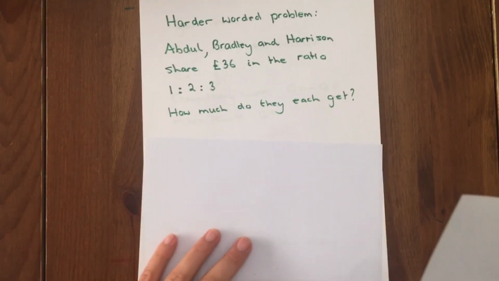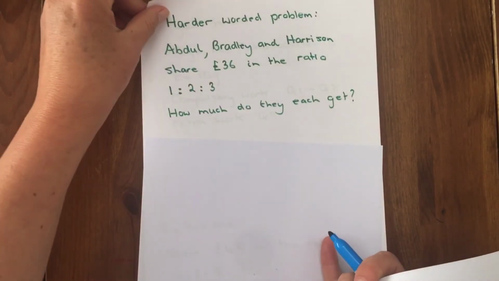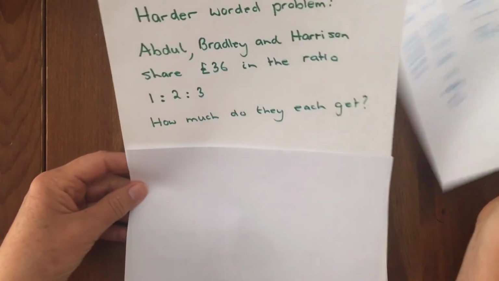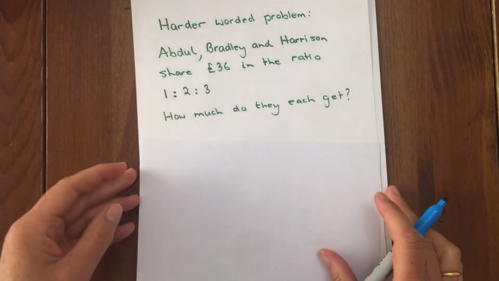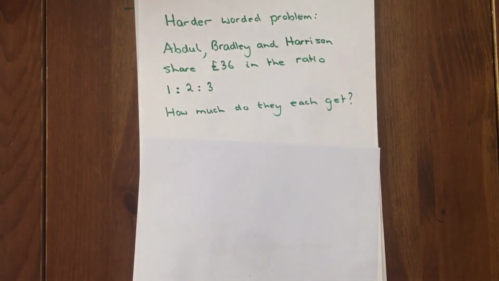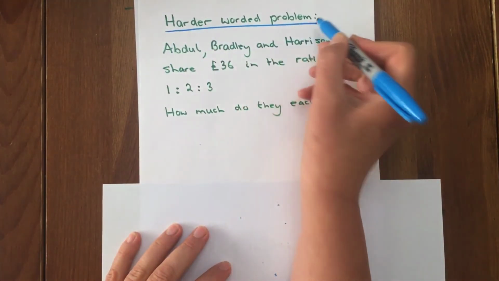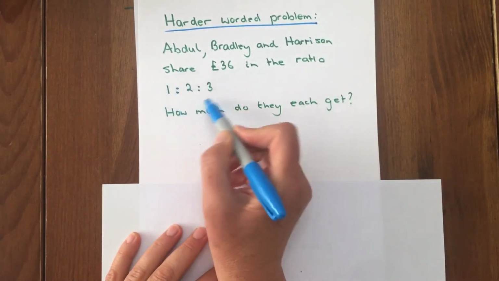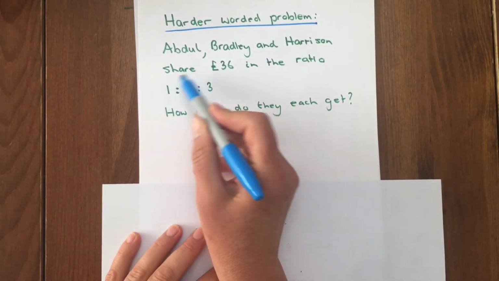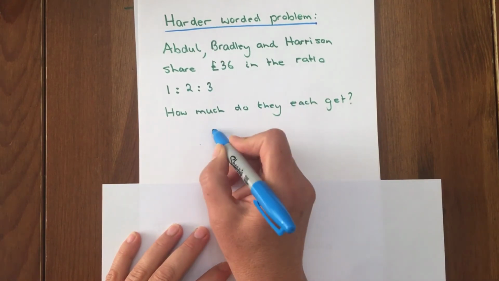Abdul, Bradley and Harrison share £36 in the ratio 1 to 2 to 3. How much do they each get? Okay, so it's a little bit harder because I've got three different people here sharing money.